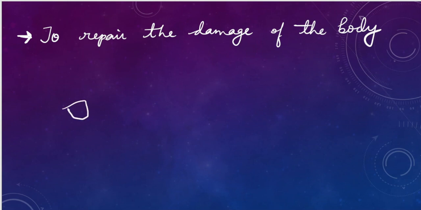Suppose here this is a place you got hurt and this needs to get repaired. So there will be again cell division and this place will get repaired. So cell division is required for repairing wherever we have got hurt.